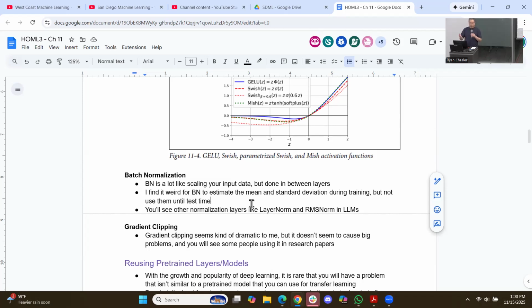It's okay if you think it's a little bit weird, but it still just works. And again, it's highly tolerant. You don't have to have the perfect architecture. You don't have to have some very specific ratio of the number of nodes in this layer to that layer in order for batch norm to work. You can pretty much stick batch norm anywhere and it's not going to break anything.